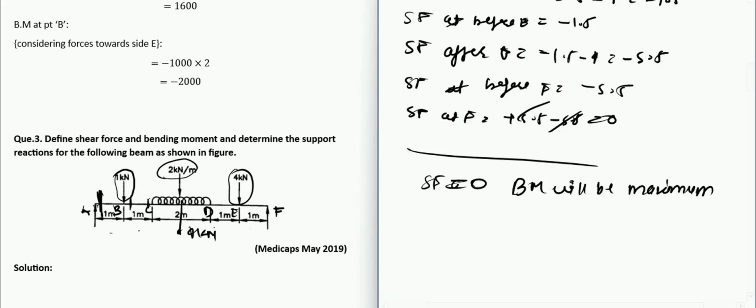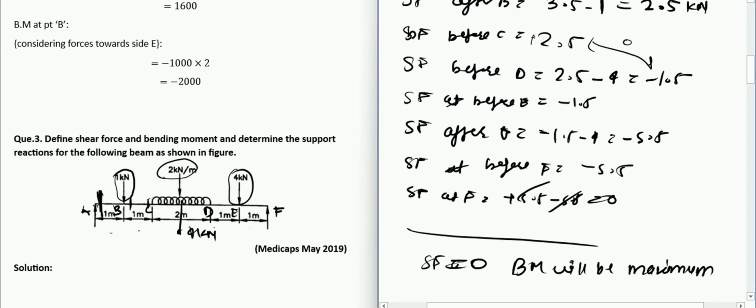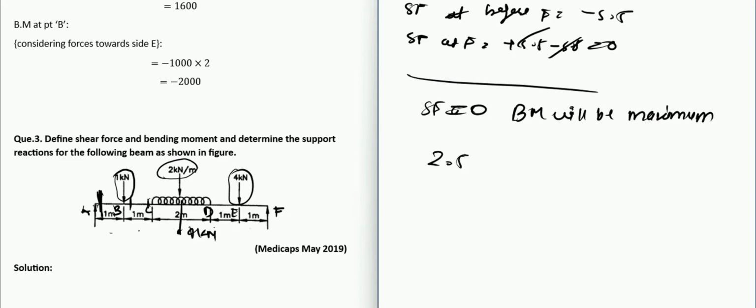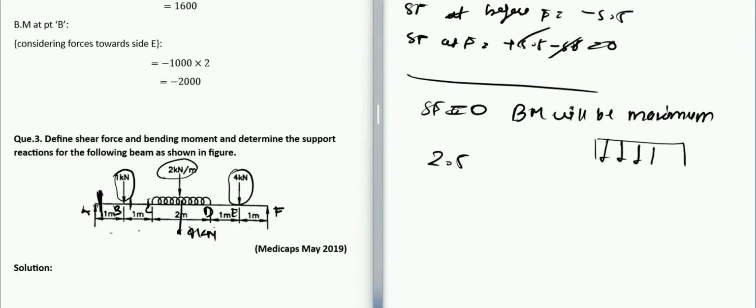So we have a 2.5 kilonewton force, and it is gradually decreasing to -1.5 because of the UDL. The value of the UDL is 2 kilonewton per meter. Let us say this is the UDL we have, and at some distance x it becomes 0, and then goes to -1.5. At the starting, we had 2.5.